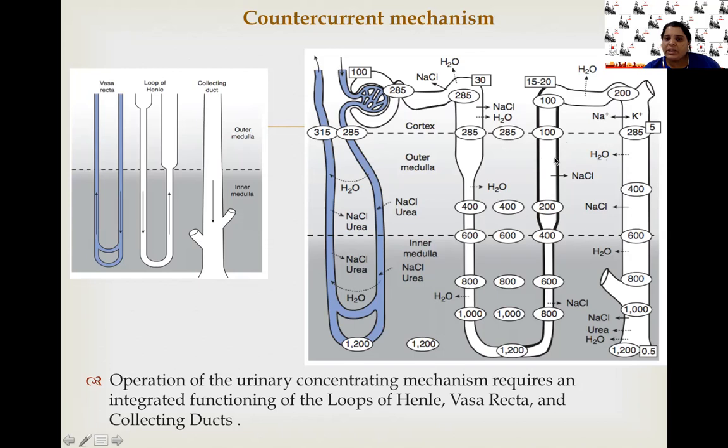This concentrating capacity comes from the counter current mechanisms in the vasa recta, the loop of Henle, and the collecting duct. All these mechanisms should function together for us to excrete a low volume of fluid with the maximum amount of solute that needs to be excreted.